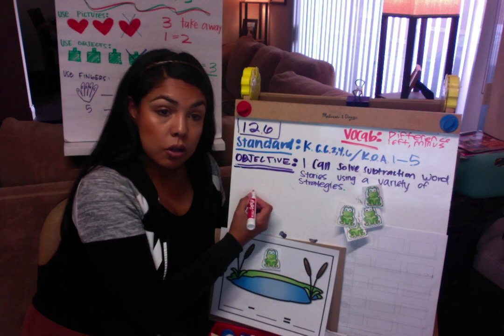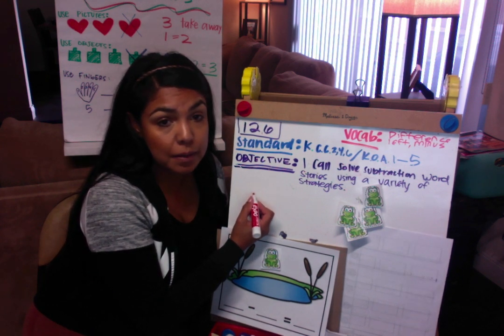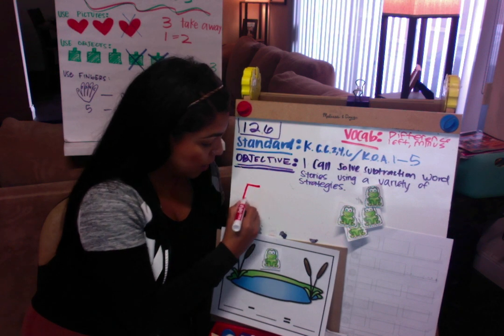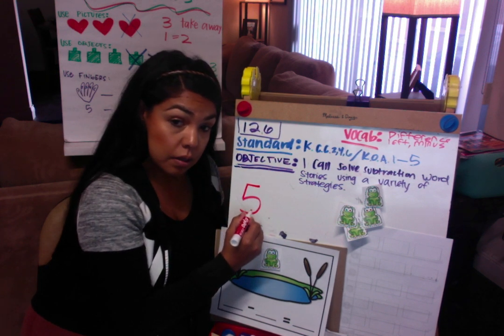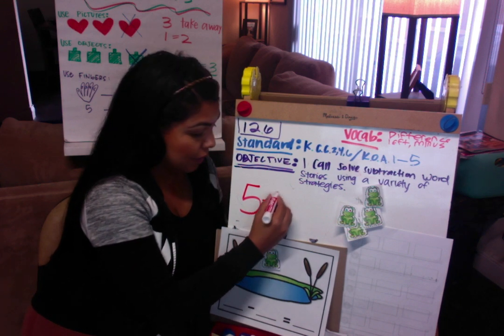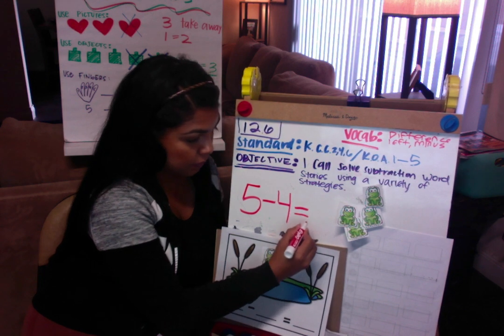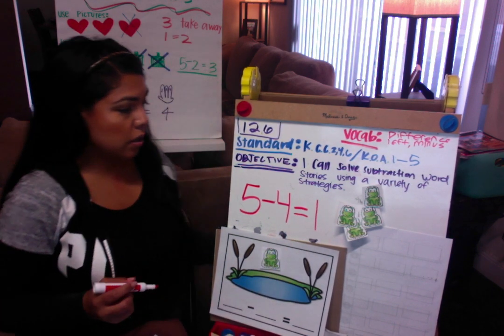Who can tell me what my equation will look like? What will my word problem look like? Good. 5 take away 4 equals 1. Very good.